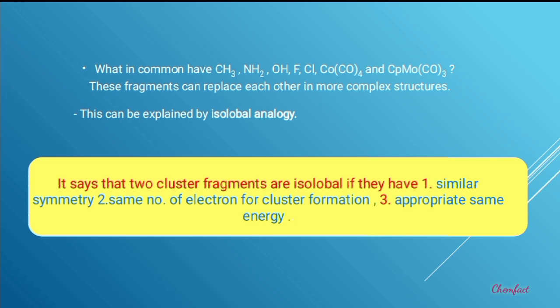Similarly, the molybdenum complex also has 17 electrons, and these fragments have one thing in common, that is they all have 7 electrons or 17 electrons, that is they are isolobal. The valence electrons are the same, and as the valence electrons are the same, they can replace each other in the complex structure.